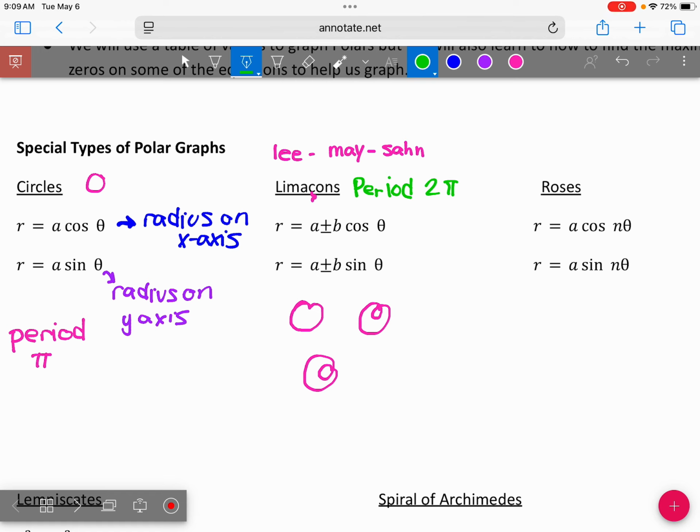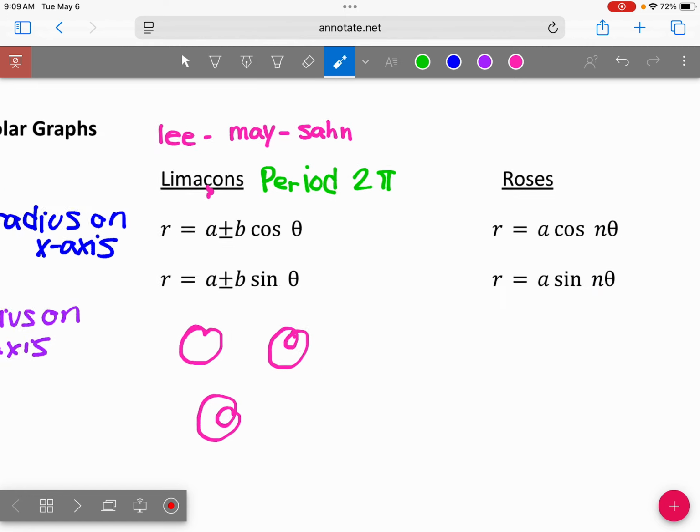So our third one up here is called a rose. And roses don't have any pluses or minuses in them. It's just a number. But they do have another one inside here with our theta.